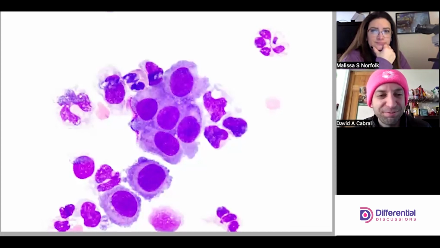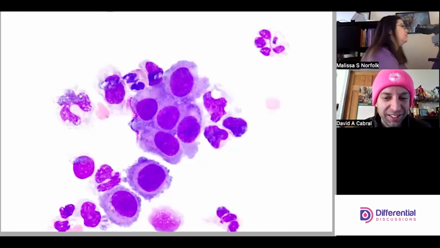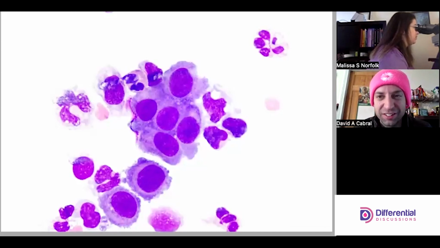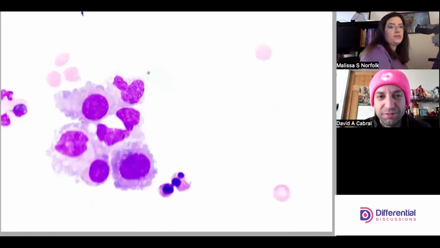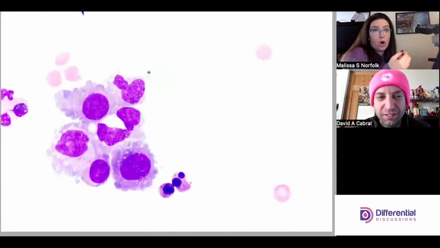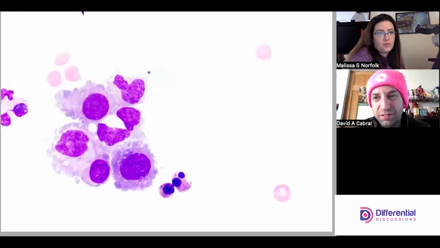Let me move around a little bit. I think the other thing is there's so many mesothelial cells here. I would put it for path review just because of the sheer number of mesothelial cells, with concern of maybe even something like mesothelioma, or just too many mesos.